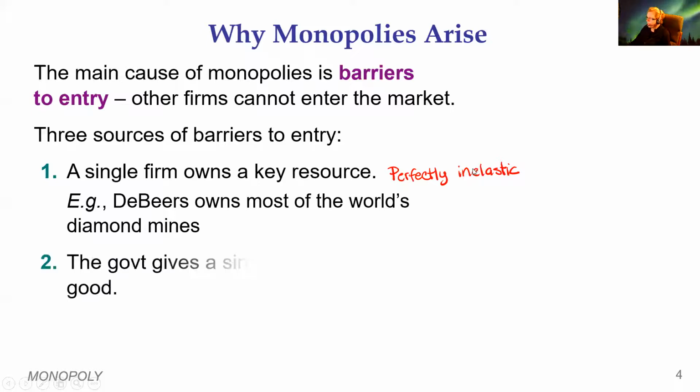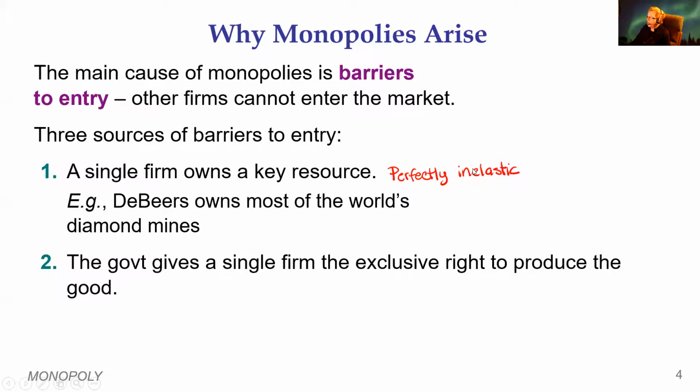Here's another example. What we do see in the US, our government gives a single right to produce. So liquor license might be a good example. Others might be the idea of energy. So electricity is a great example.